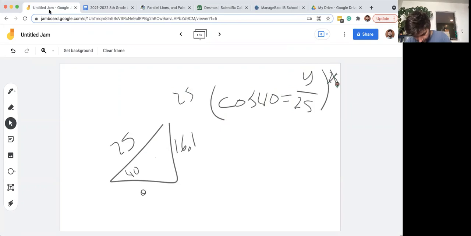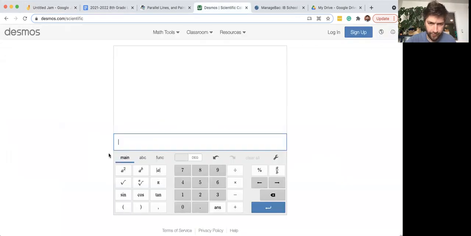Cancel out that 25, and I get 25 times the cosine of 40 is y. Go to my calculator. 25 times the cosine of 40, and y is going to be 19.15 or 19.2, and I'm done with my study guide.